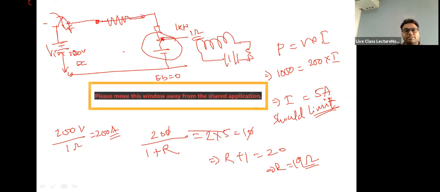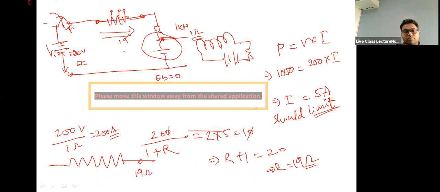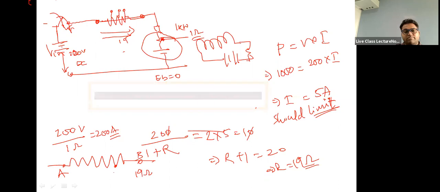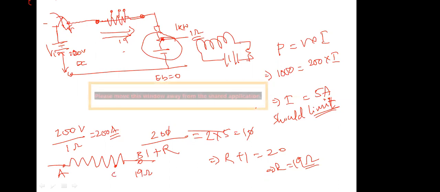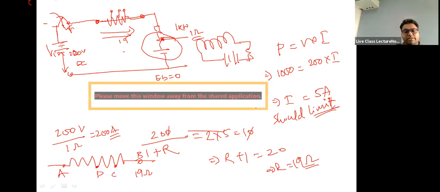So you will extend this and you will have some points over here. Say up to here it is 19 ohms, from point A to B, then at point C it is some lesser ohms, then at D it is still lesser, then at E still lesser, and then you will slowly cut it out.